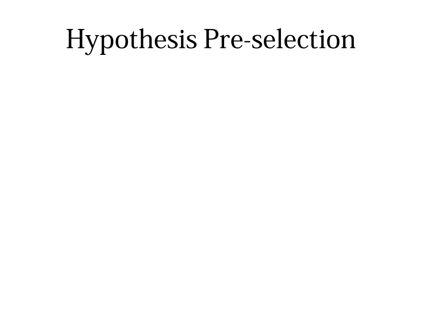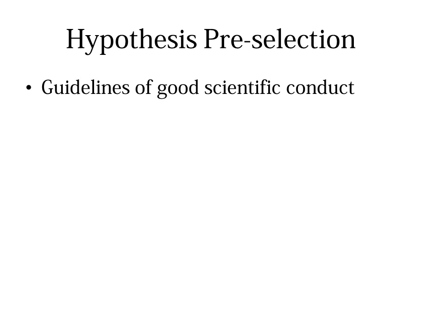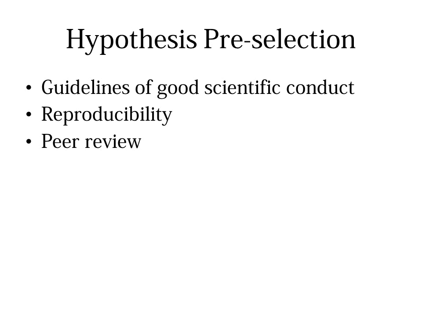There are many aspects that go into hypothesis preselection. There are, for example, guidelines for good scientific conduct, the expectation that your research result or your computations are reproducible. There is peer review, and there are many other requirements for good scientific procedure that depends on the research area.